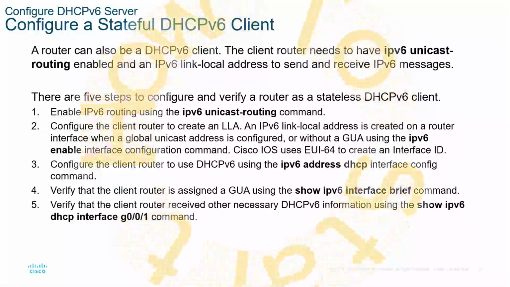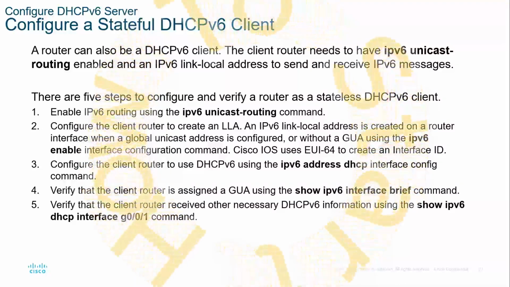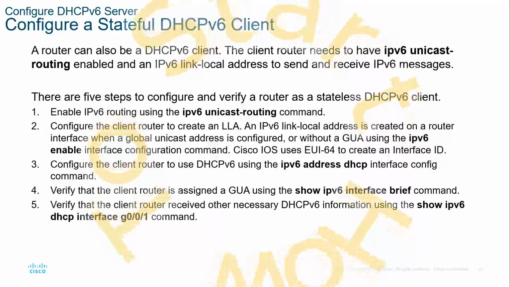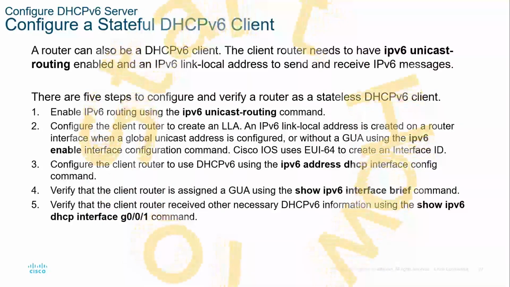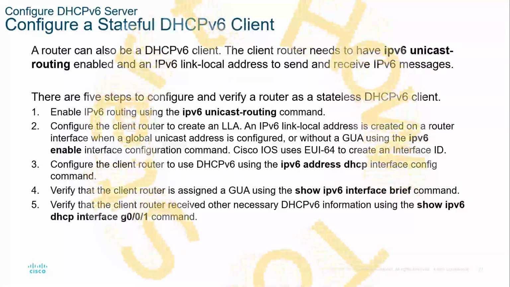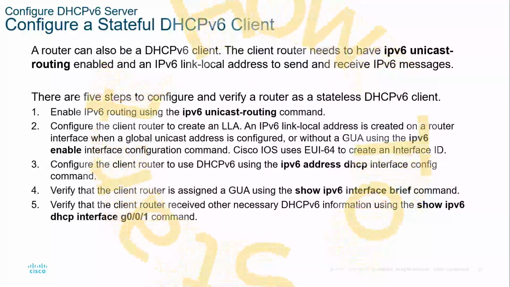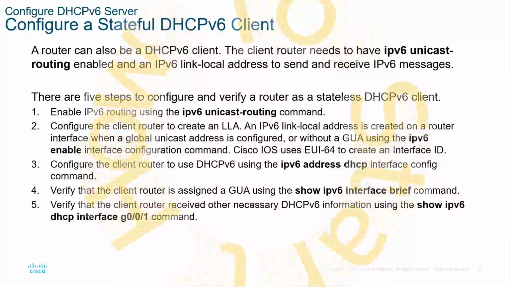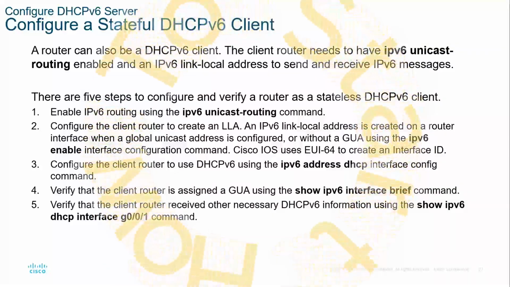On the client side, pretty similar steps. Set up IPv6 unicast routing, go to the interface, type ipv6 enable. There you'll be using the ipv6 address dhcp command on whatever interface you want. That will then assign an address.